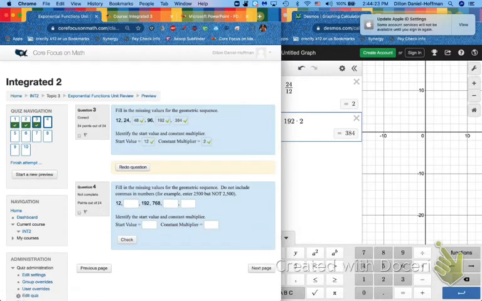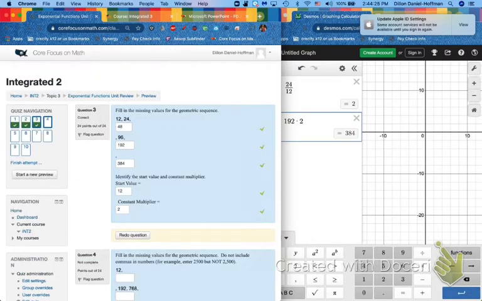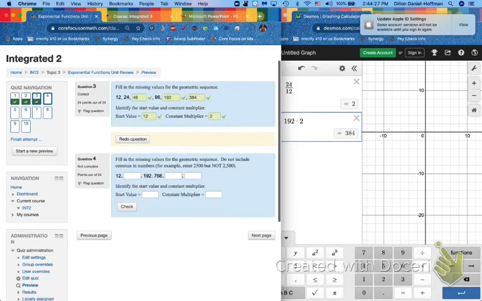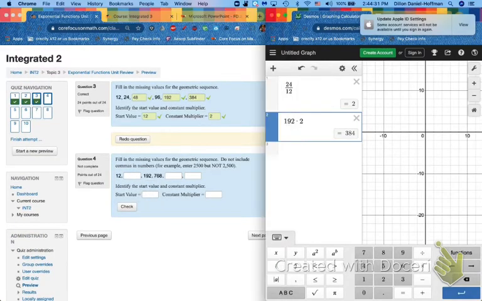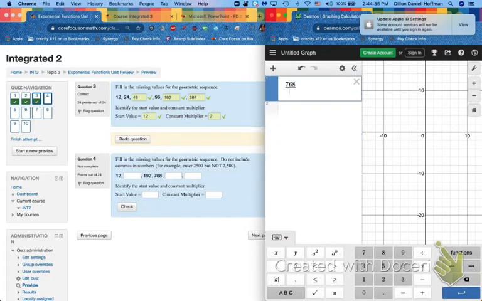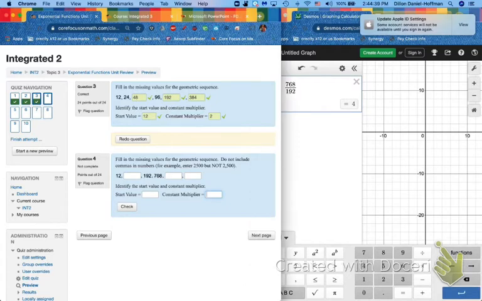384. Same thing here. We're going to do right divided by left. So 768 divided by 192. And we get 4. Our constant multiplier is 4. Our start value is 12. 12 times 4 is 48.